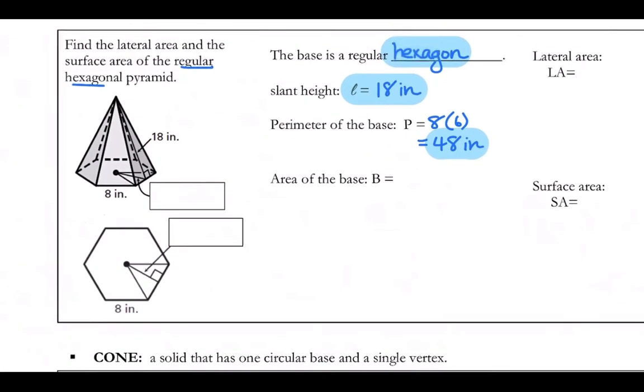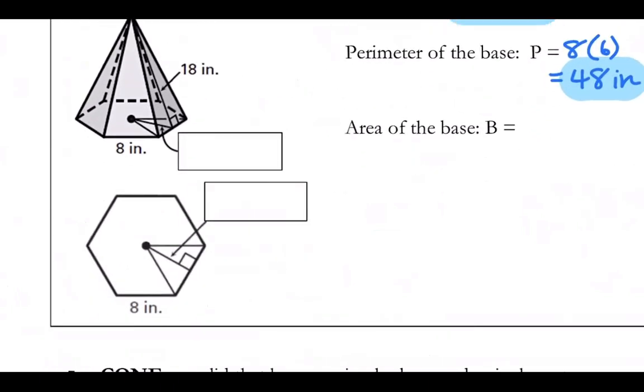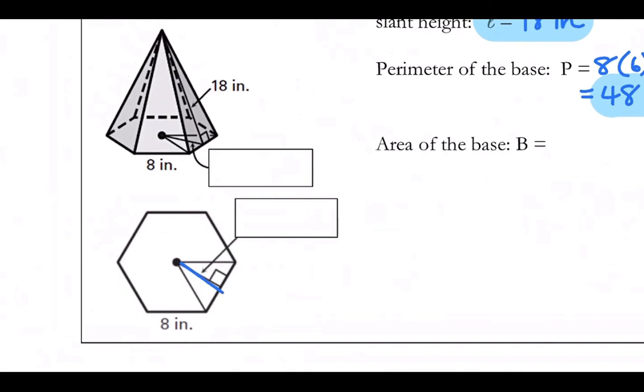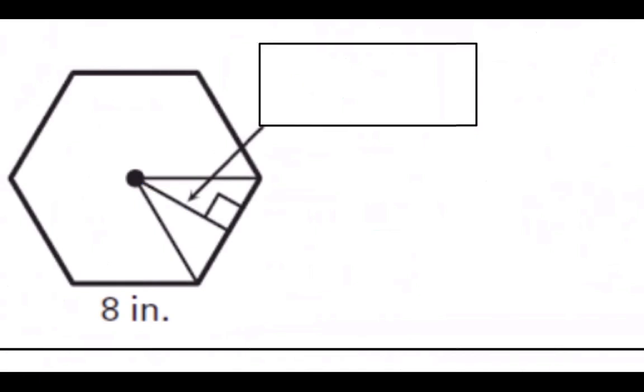Area of the base. Okay, so we're going to figure out the information that we need in order to be able to do the area of the base. That little segment right there is the height of one of the triangles in the regular hexagon. So we're going to think about this triangle right here. There are a lot of different ways to do this area. So we can drop the altitude there and figure out the measurements in the triangle.